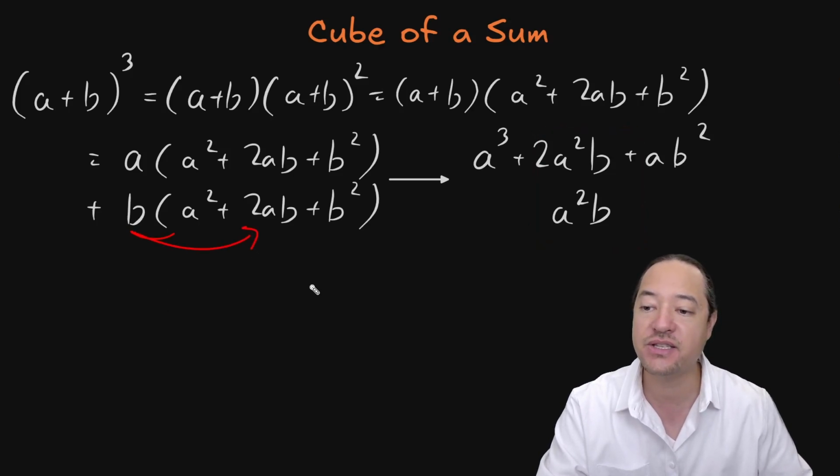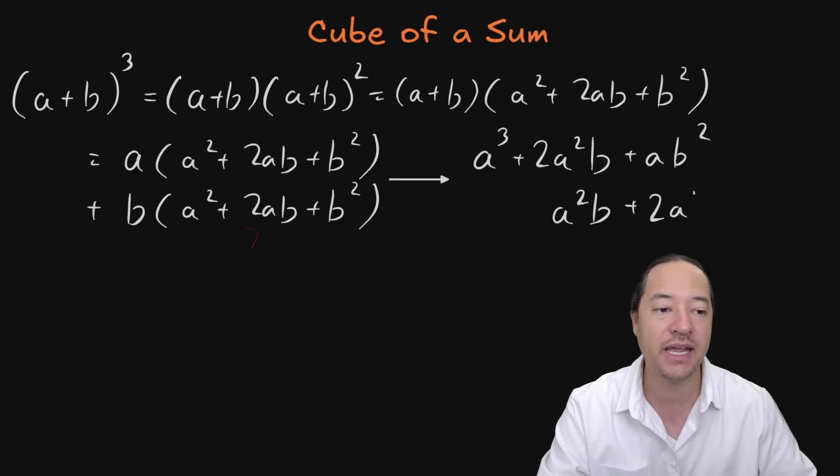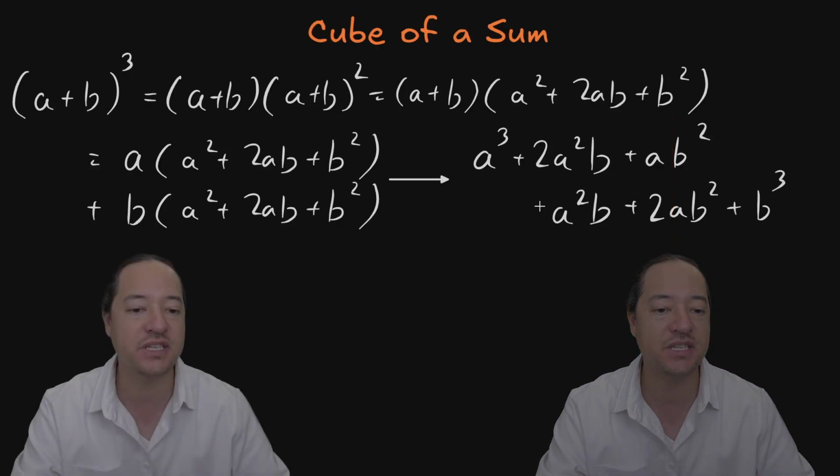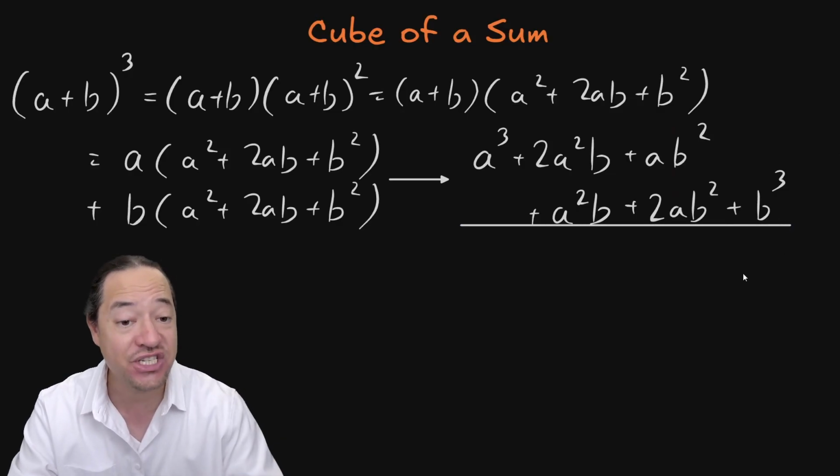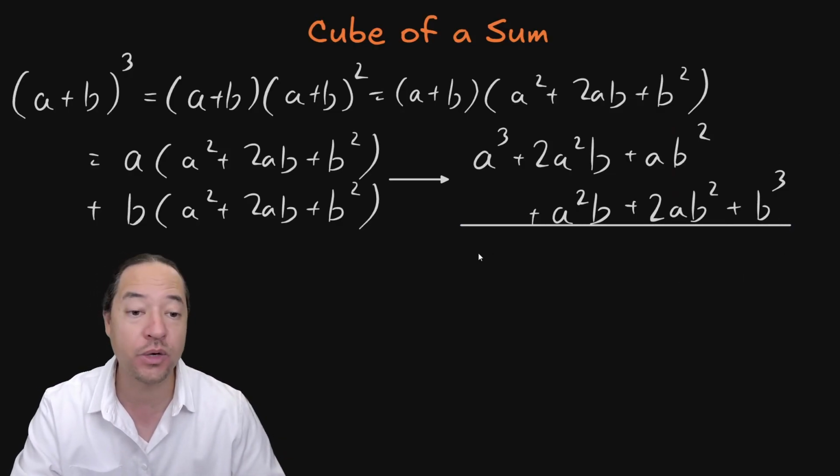Next, we're going to do this here, multiply the b there. We're going to get plus 2ab squared, right? These line up, like terms. And then finally, b times b squared is going to be b cubed. And since all of this is added together, let's just do polynomial addition and add it together, right? What are we going to get?